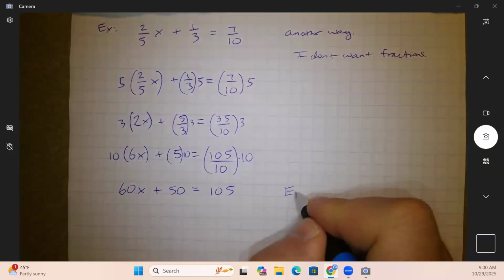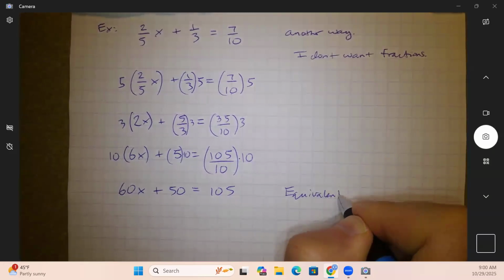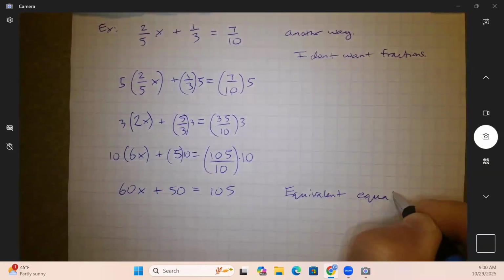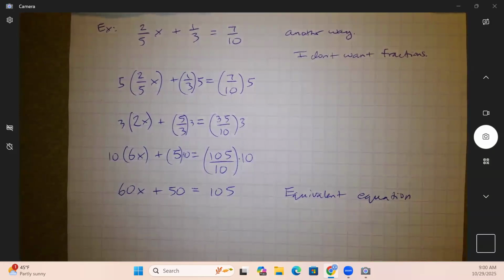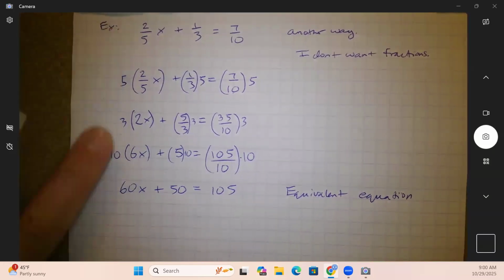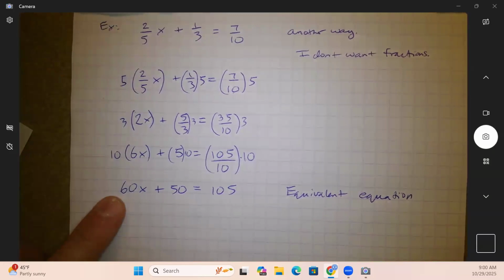This is an equivalent equation, right? It's in the same fact family, because the x that makes the first equation true is going to be the x that makes this bottom equation true. But this bottom equation doesn't involve any fractions.